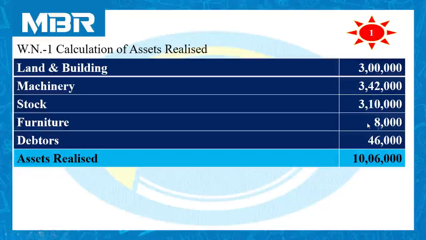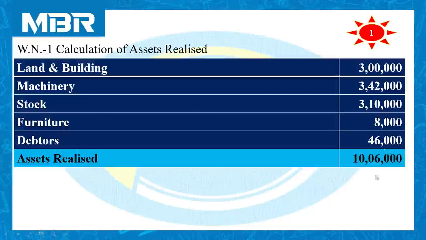By selling furniture, the liquidator has collected rupees 8,000, and from the debtors of the company he has recovered an amount of rupees 46,000.